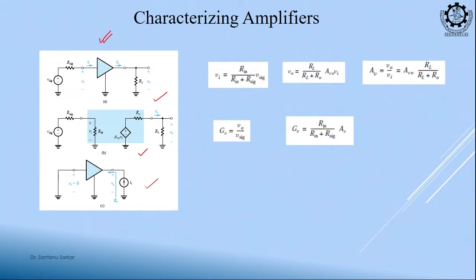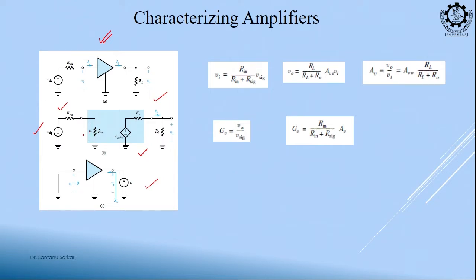Okay. So, if any input signal source is connected, if any input resistance is connected, then rather than drawing the amplifier, we can also draw the 2-port network and solve the problem. Okay.